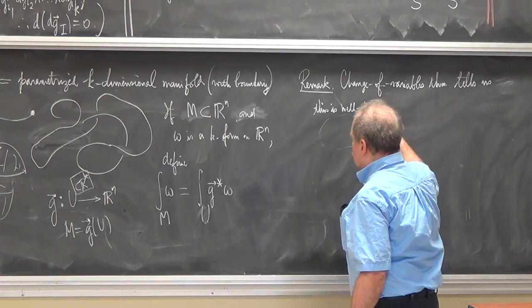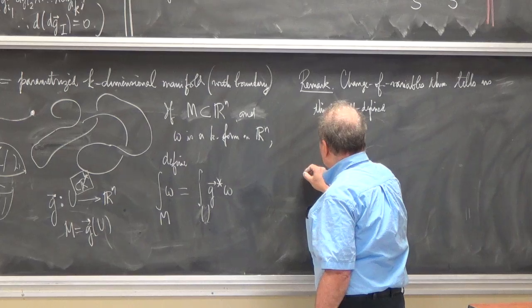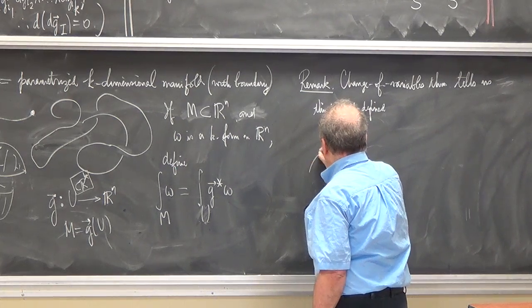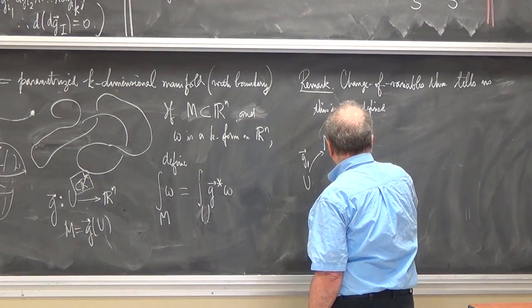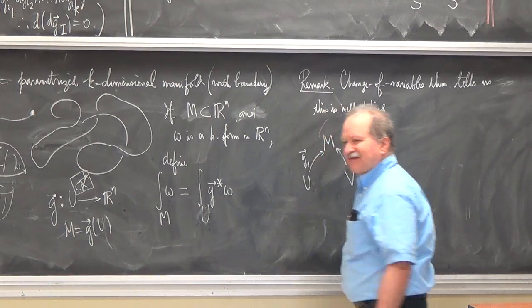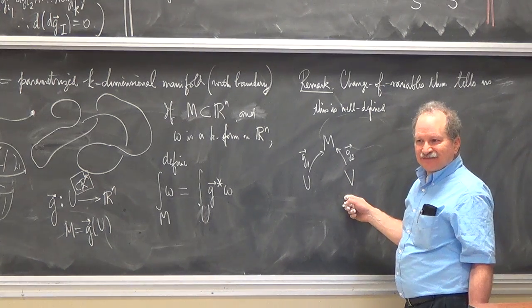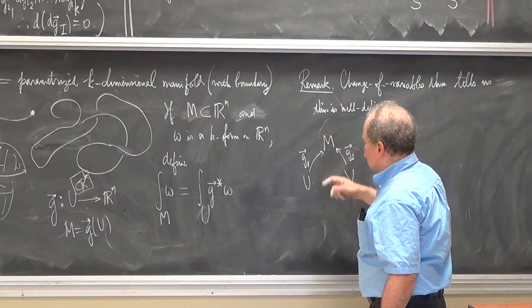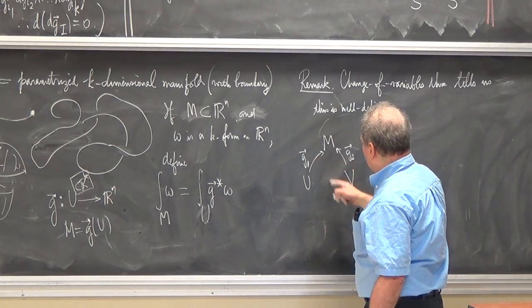So the change of variables theorem is going to say, the technicality here is that if you took one parameterization and I took a different one, how do we know we get the same answer? Well, the point is because you have a parameterization, it's a one-to-one mapping, and you can do the inverse of one followed by the other.